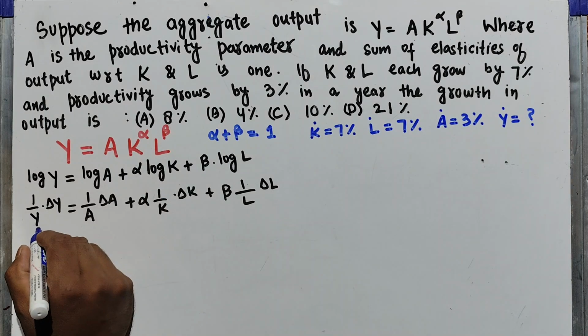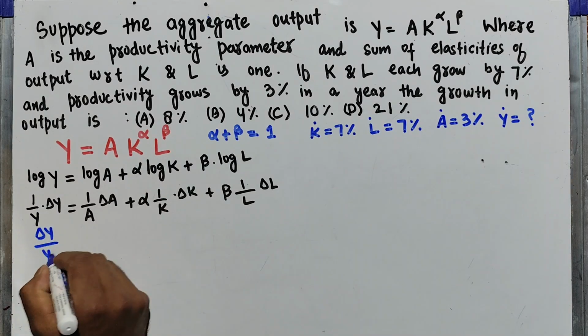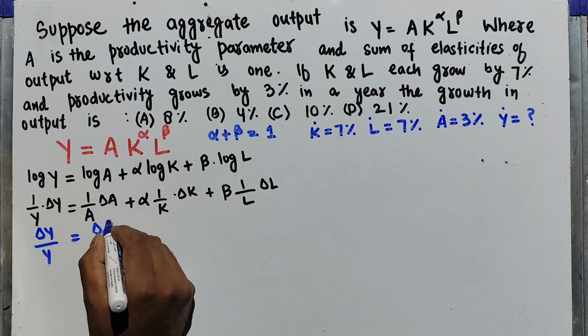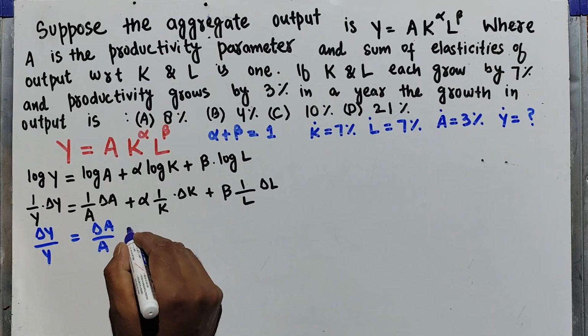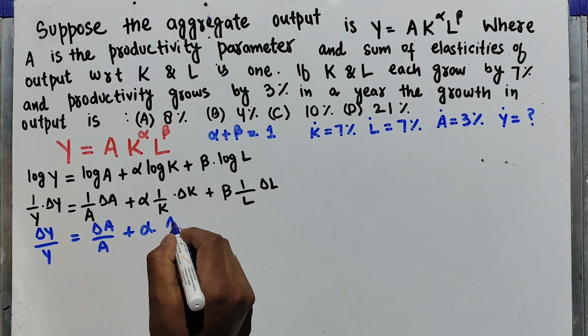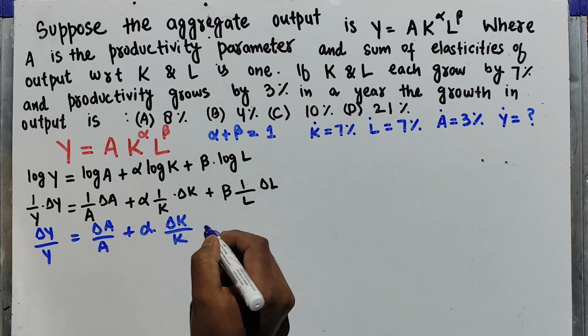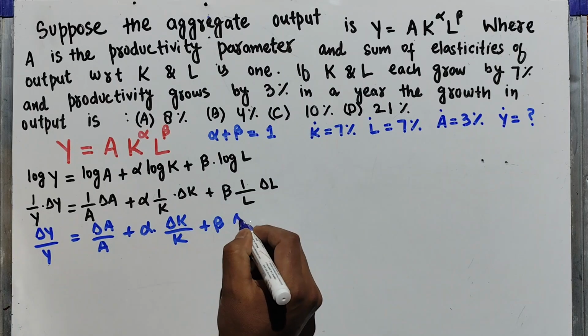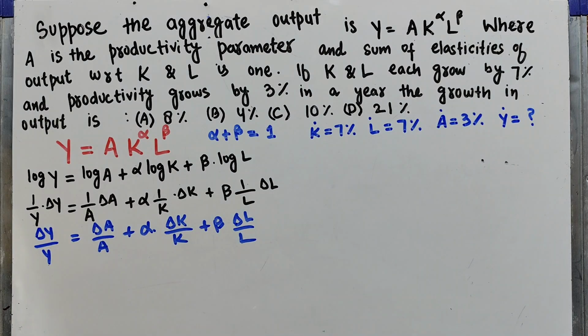Rewriting it, we have del Y upon Y is equal to del A upon A plus alpha times del K upon K plus beta times del L upon L.